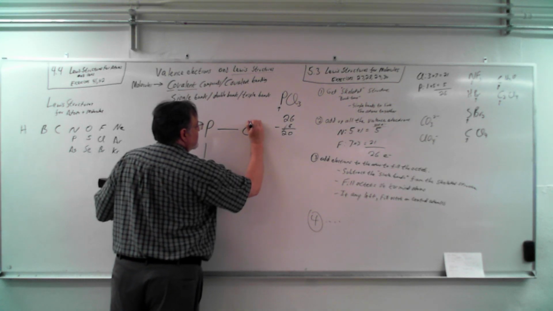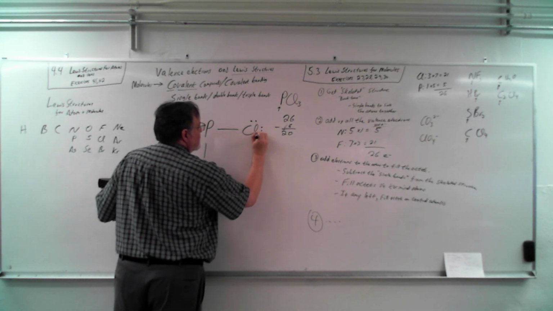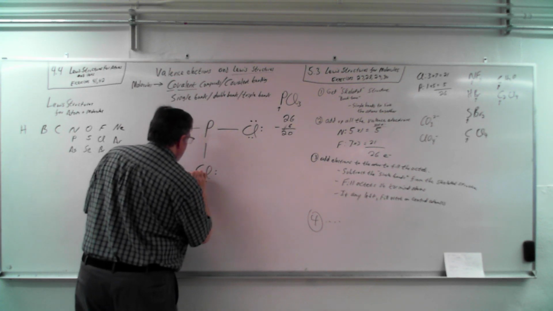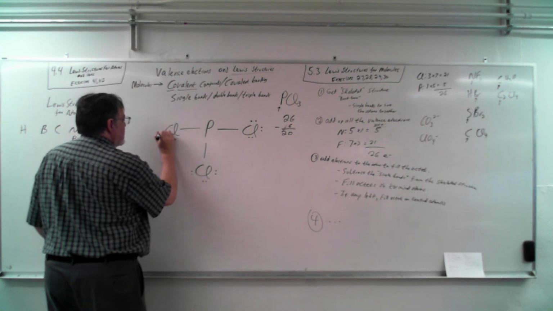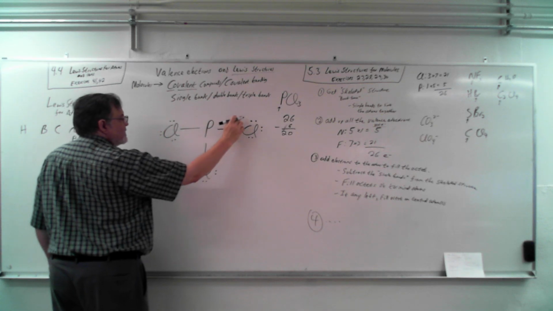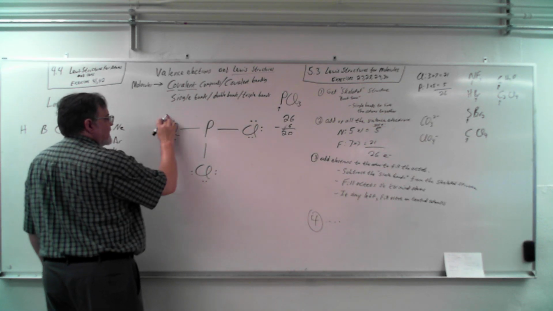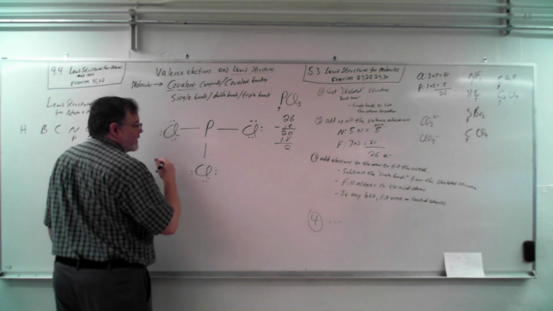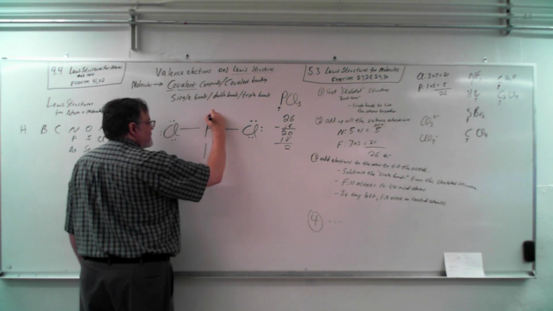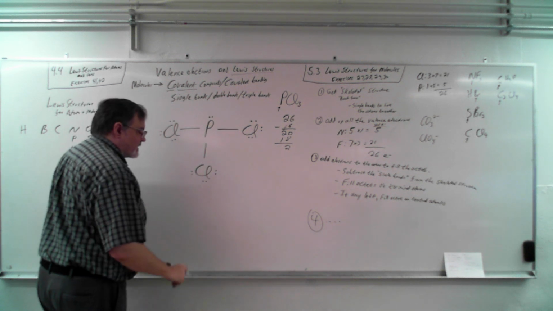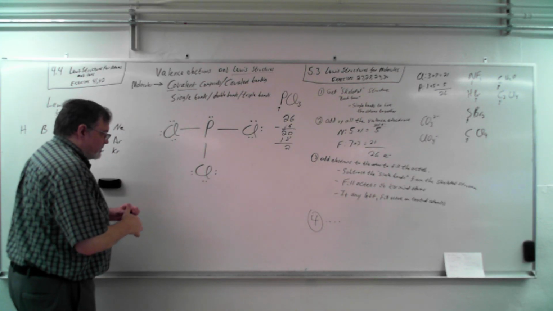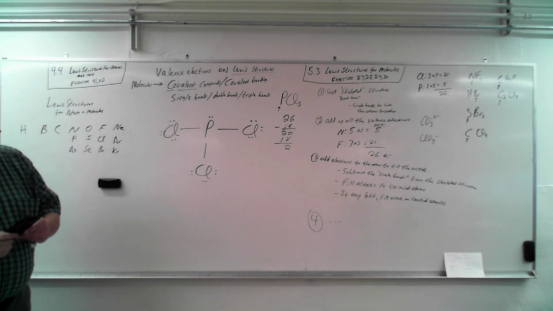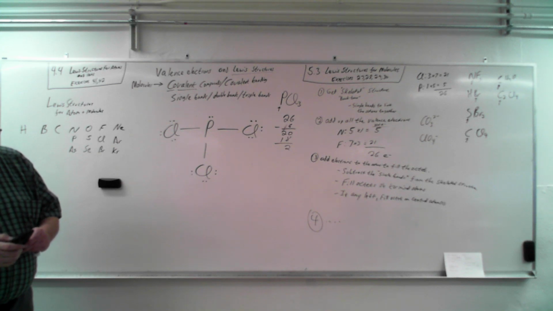This one isn't going to do it. PCl3. That's 2, 4, 6, 8, 10, 12, 14, 16, 18. This isn't going to do what I wanted it to. I've got 2 left. I put them on the central one. Now everything has its octet.